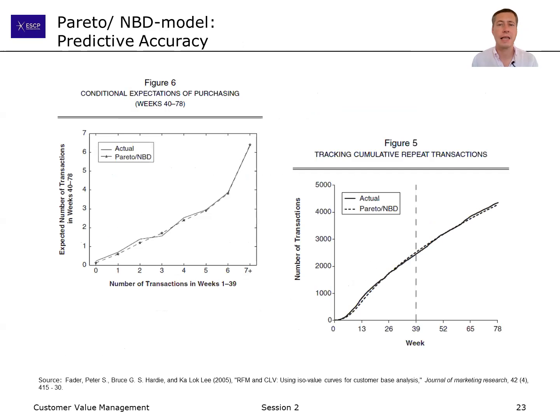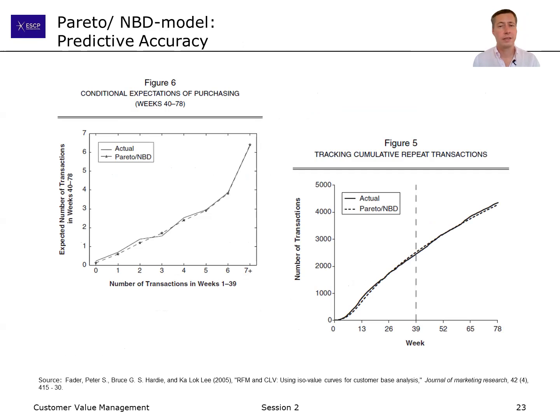And I want to finish with this last slide, which compares how accurate these predictions are based on these models. And the bottom line is that these models can make incredibly accurate predictions. So if you want to predict the lifetime, if you're in a contractual setting with discrete transactions, it's relatively easy because you can use the retention rate. Based on a retention rate, you can calculate the churn rate, and based on the churn rate, the lifetime.